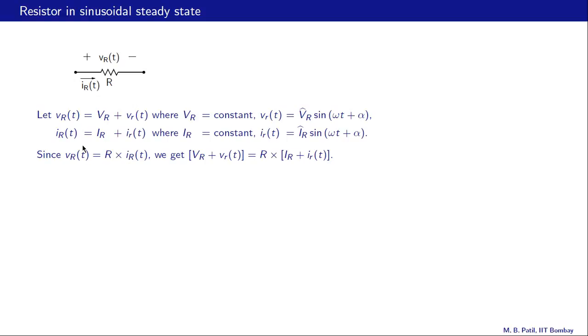And when we substitute for vR and iR, we get this relationship. And we can split this into two equations. One, capital V, capital R is R times capital I, capital R, this part, and small v, small r is R times small i, small r.